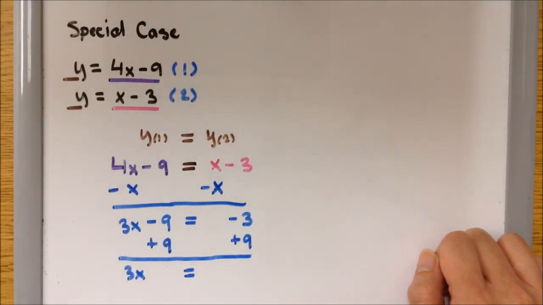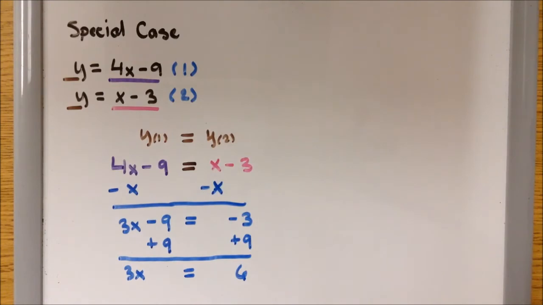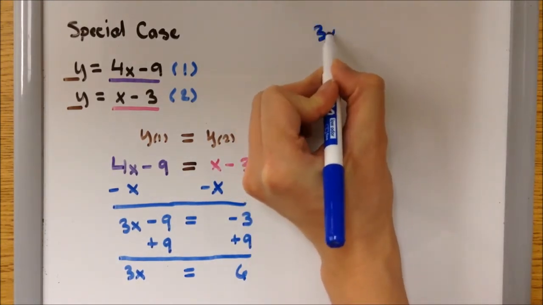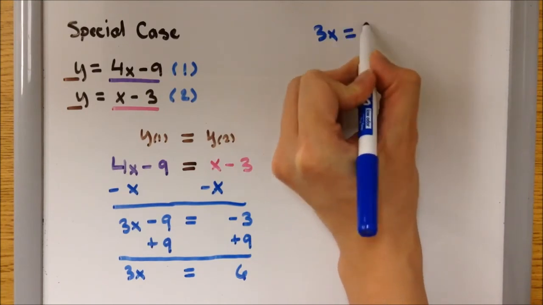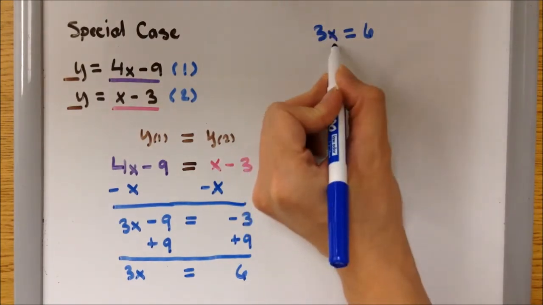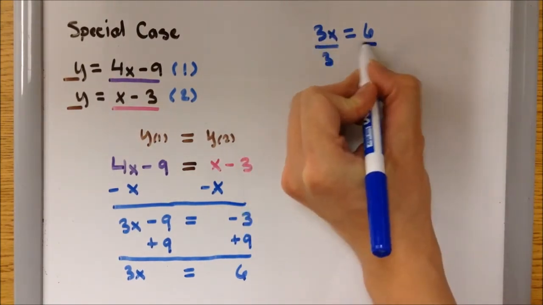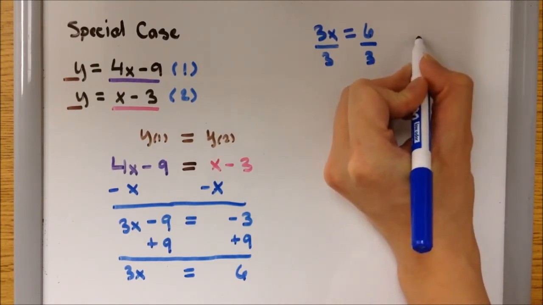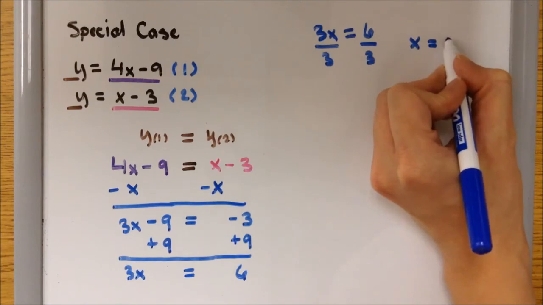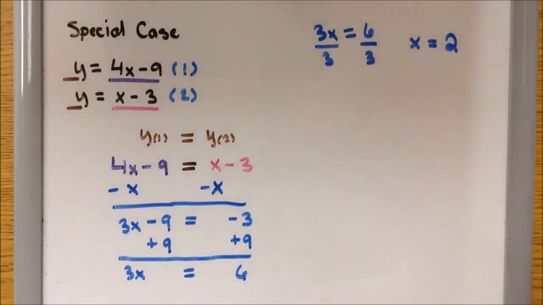If you need to double check, you can always use the number line. Negative 3 plus 9 is 6. So 3x equals 6. Now if I want to solve for x, I need to make sure it's by itself, so I'm going to divide by 3 on both sides. So x equals positive 6 divided by positive 3, which is a positive 2.